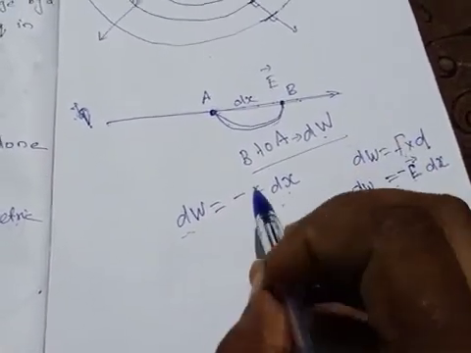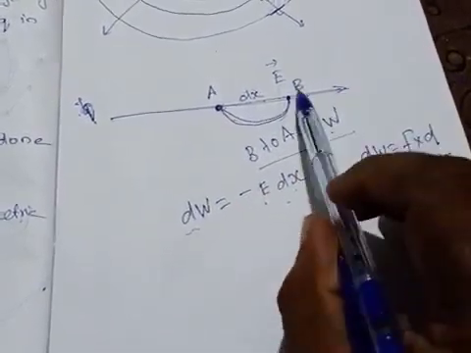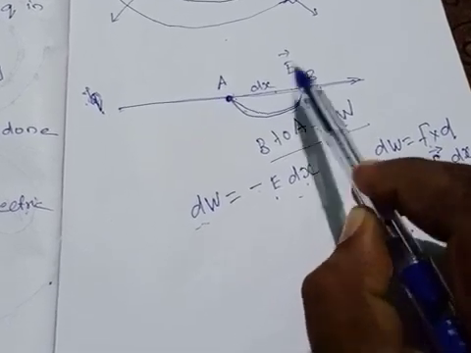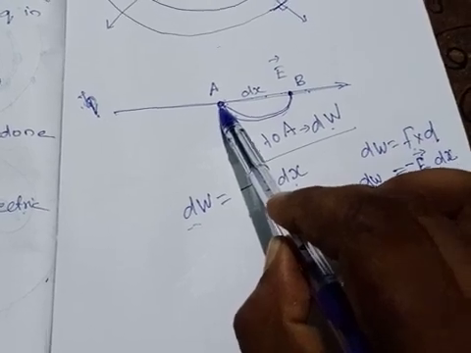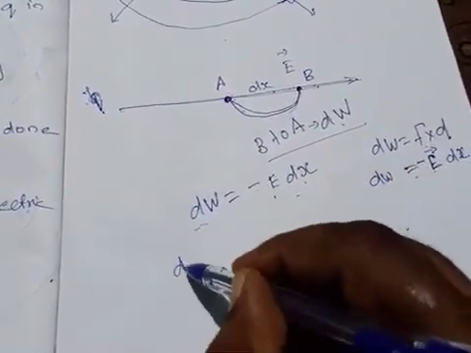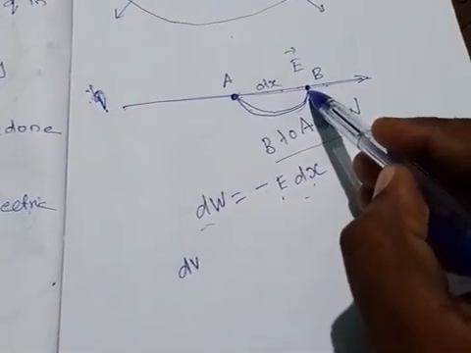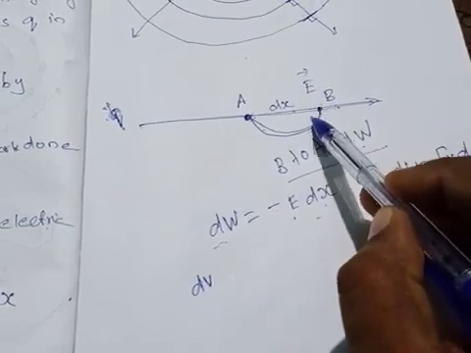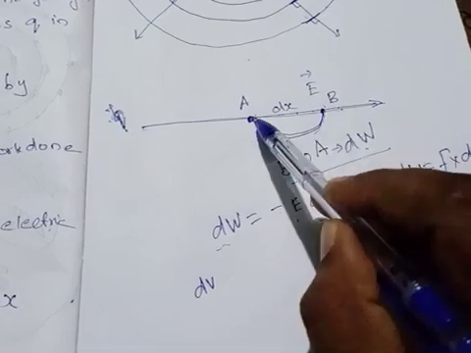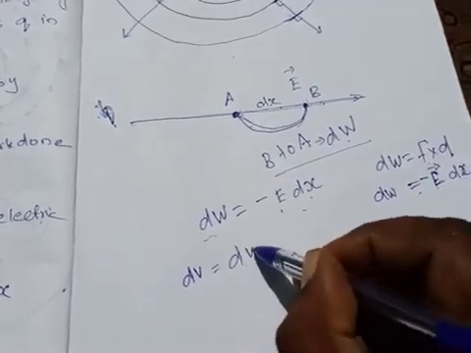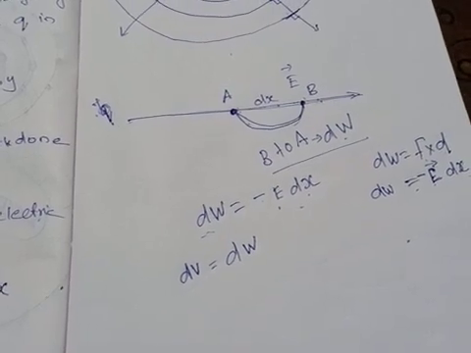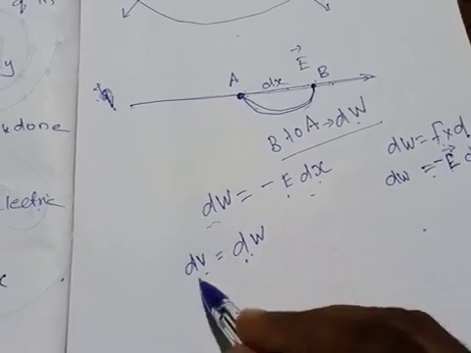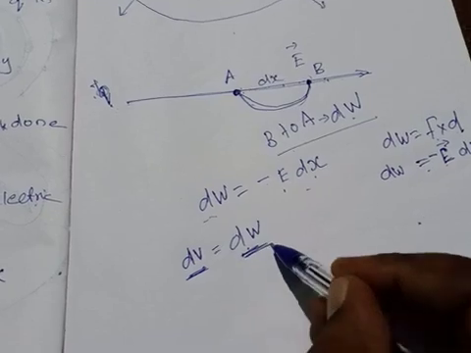And now you see it is an equipotential surface, so the potential difference at this point and this point is equal. So we can take the potential difference dV. The potential difference at this point is equal to the potential difference at this point, so the work done from this point to this point is also the same. So we can write this potential difference is equal to the work done.